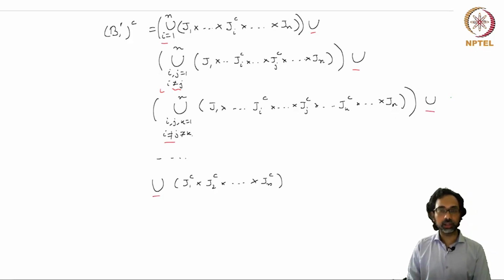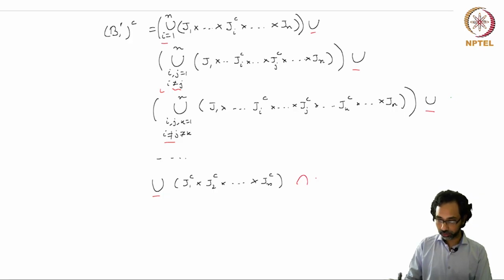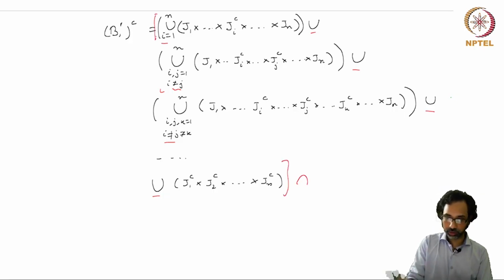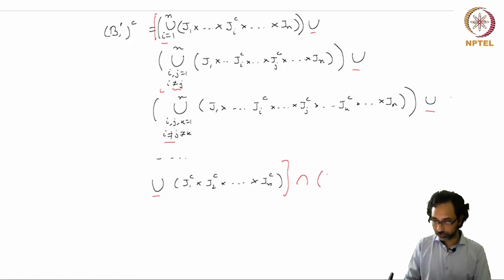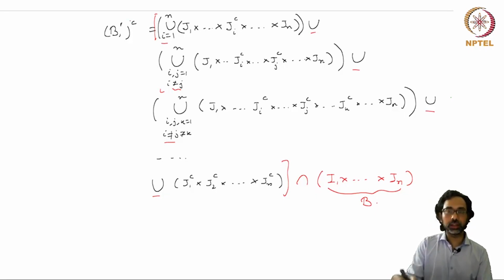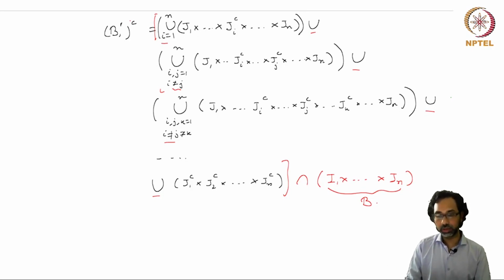So when we take the intersection of this huge thing with our box, so this is our box B, then you can distribute this Cartesian product inside the unions, and then you will have an intersection of two Cartesian products, and then again you can distribute it. So let's write this down carefully.